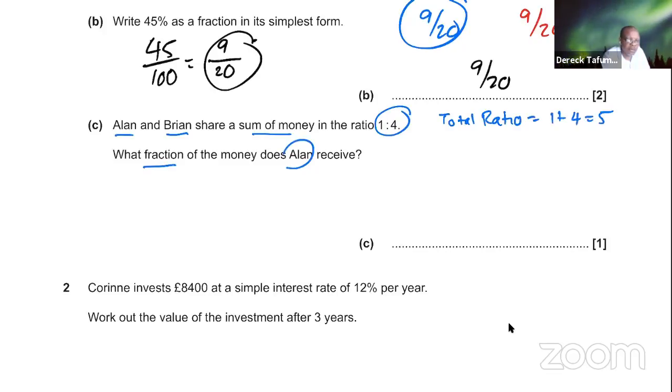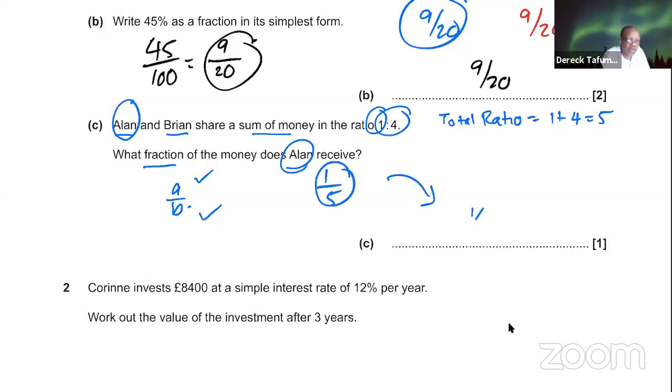A fraction is A over B, numerator over denominator. Alan comes first, which means his ratio is 1, because 1 comes first. So Alan's share is 1 over the total, 1/5. So the answer is just 1/5. Okay, how brilliant is that?